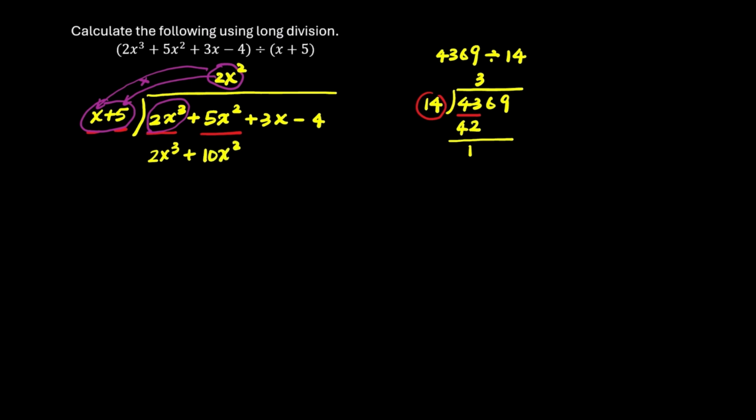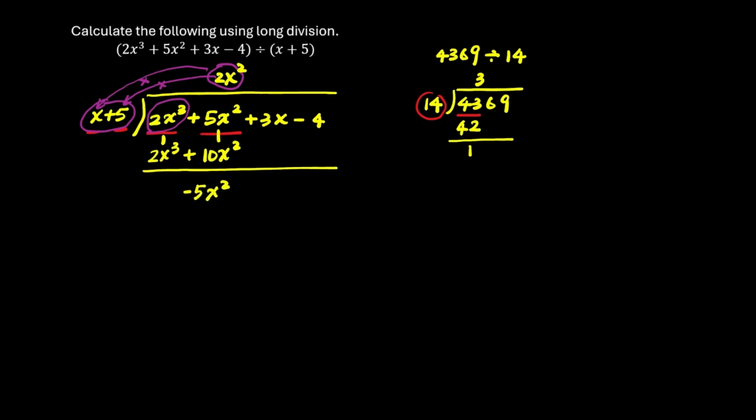So don't forget we need to distribute this 2x squared across both terms. Okay, so this gives us 2x cubic plus 10x squared. Then as what we've done to the numbers, we need to subtract these two expressions. 2x cubic minus 2x cubic is going to be 0. 5x squared minus 10x squared is negative 5x squared.